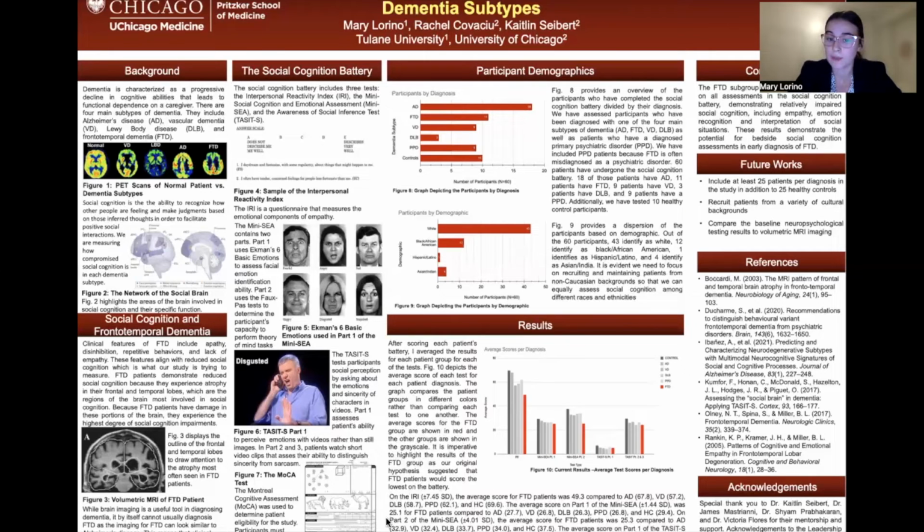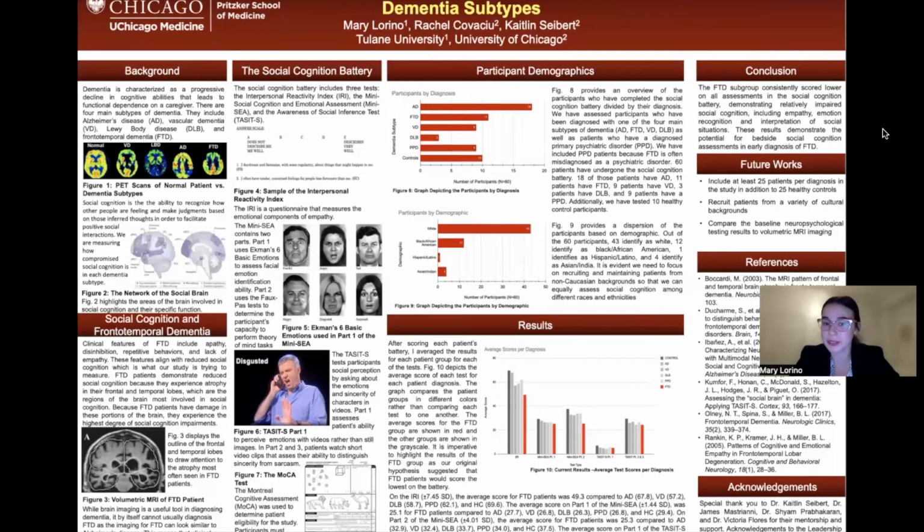So here I have a breakdown of the numeric averages of the battery with some standard deviations. I won't go over all of those numbers, but just to go over some important conclusions, you can see that in the red, the FTD subgroup consistently scored lower on all the assessments in the battery.